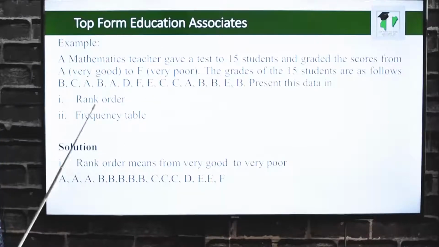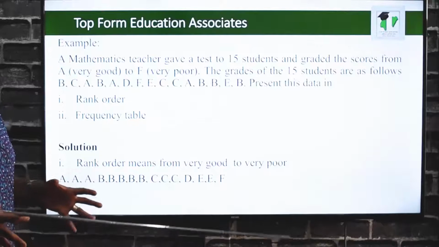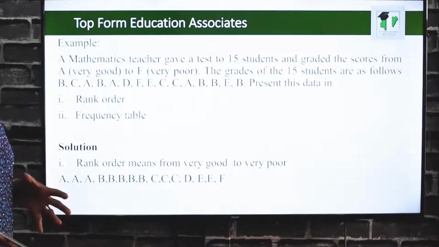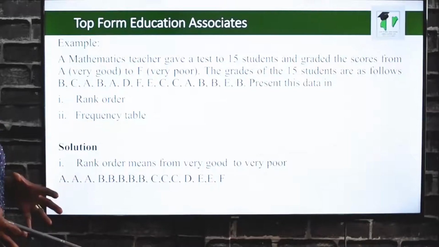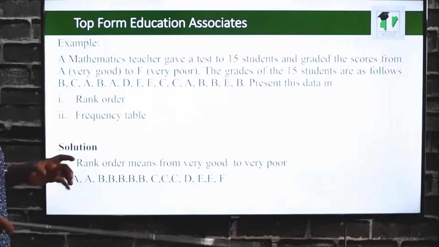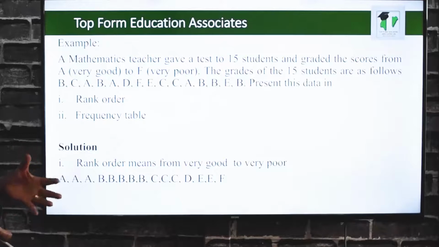Recall that rank order means arranging statistical data in order of magnitude, maybe in ascending order or descending order. And a frequency table shows the number of times something happened.